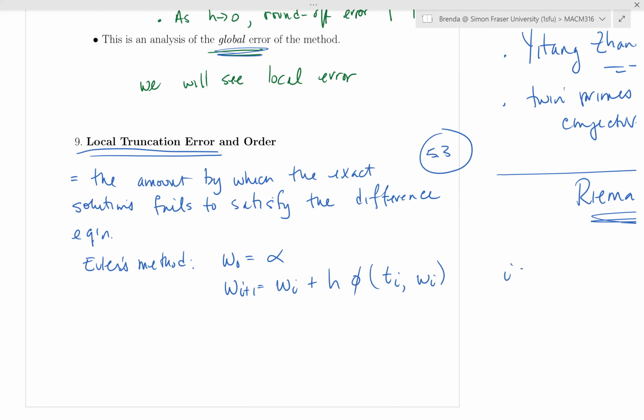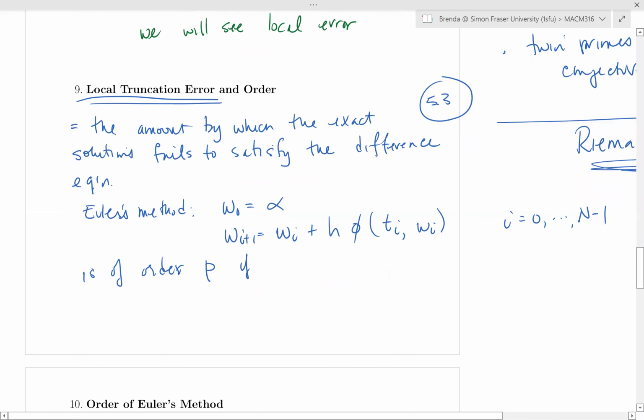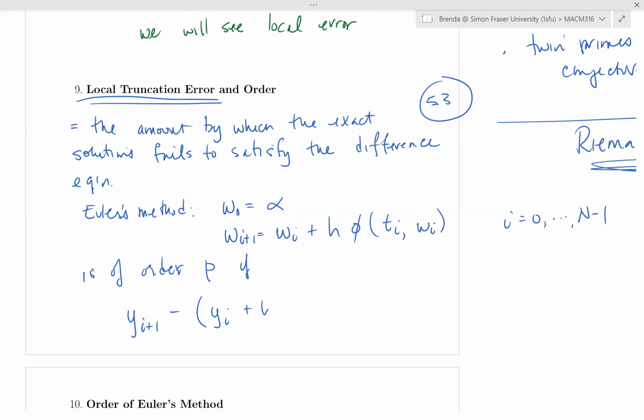Here is our i going from 0 to n minus 1, where we're using n into that. Okay, we're going to say that this method is, we're going to call it order p if exact solution minus our approximate solution, where I take the approximation and apply it to the exact number.